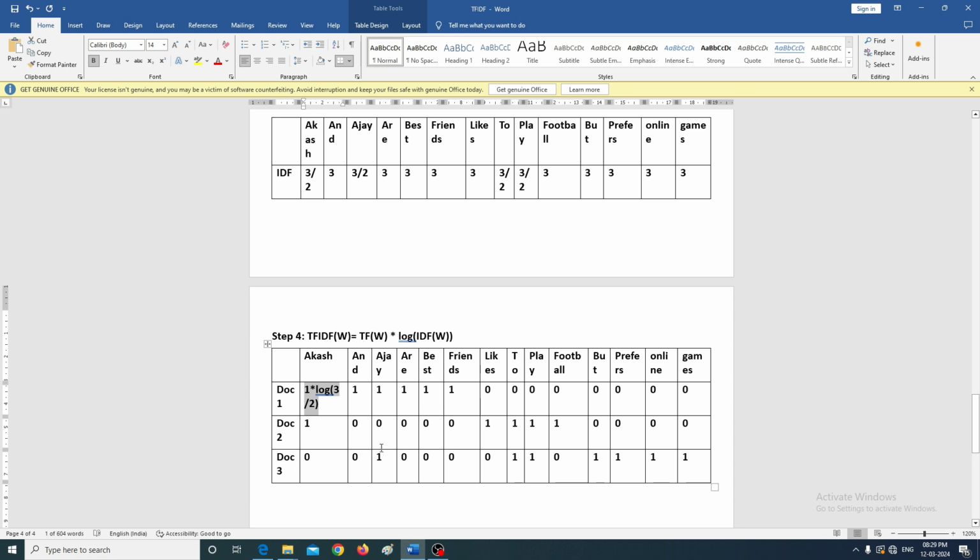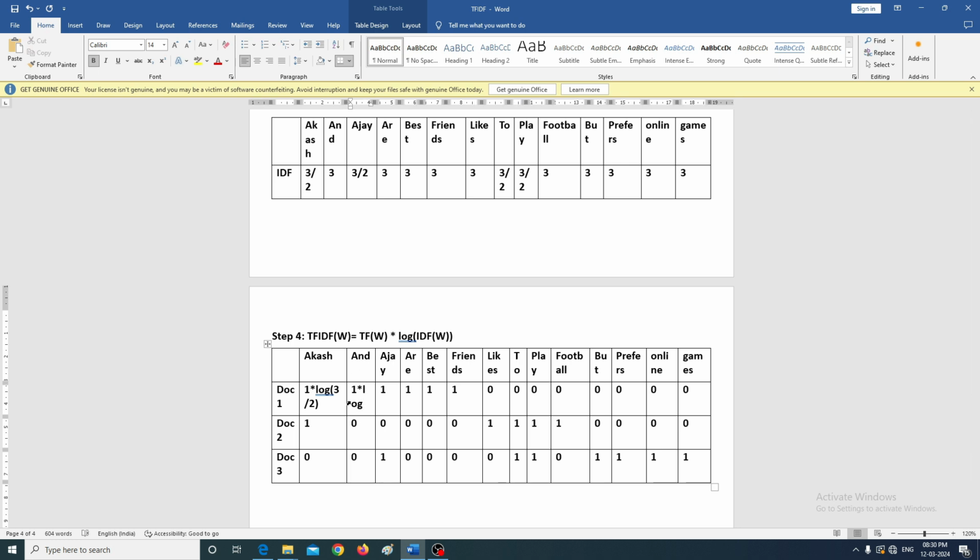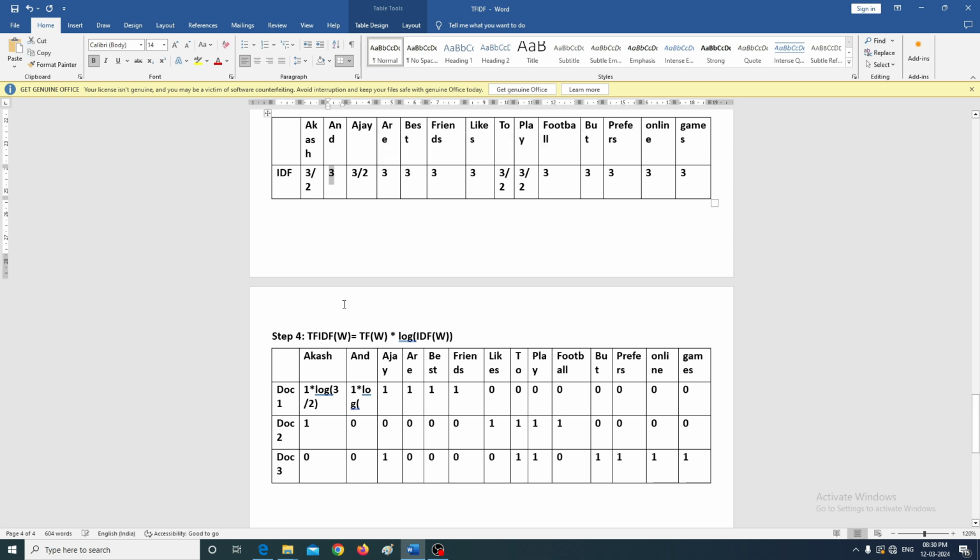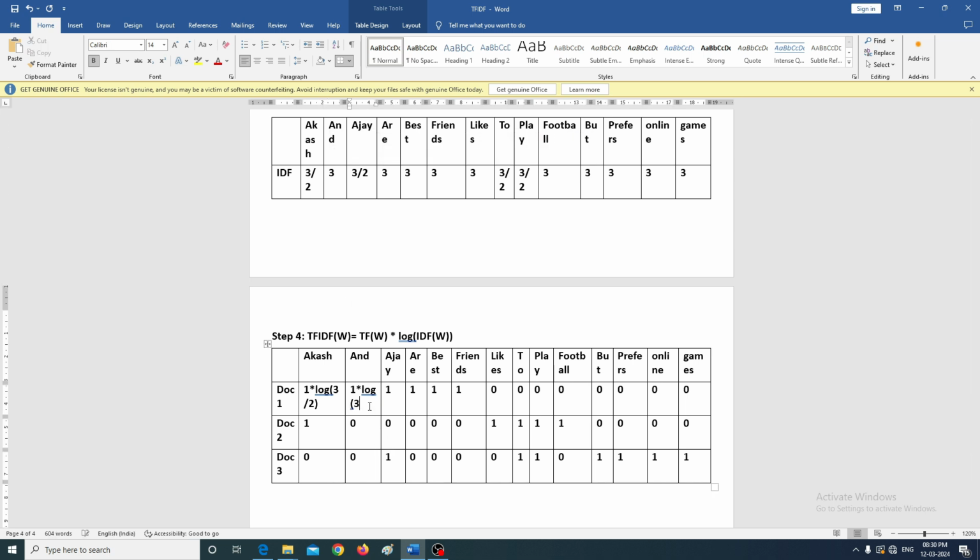Okay, clear. Now the next word: the term frequency of "and" is 1. I am multiplying this with log of IDF of W, which for "and" is 3. So here I am placing 3. This is the TF-IDF of the word "and", clear.